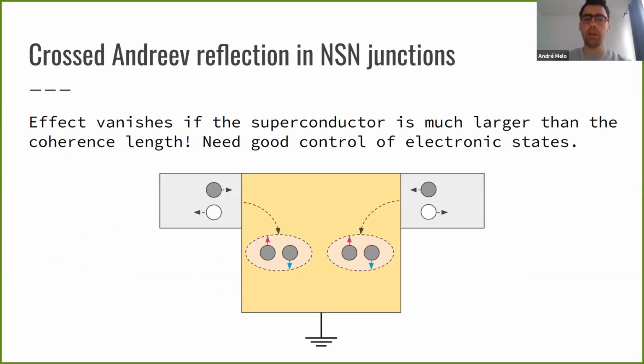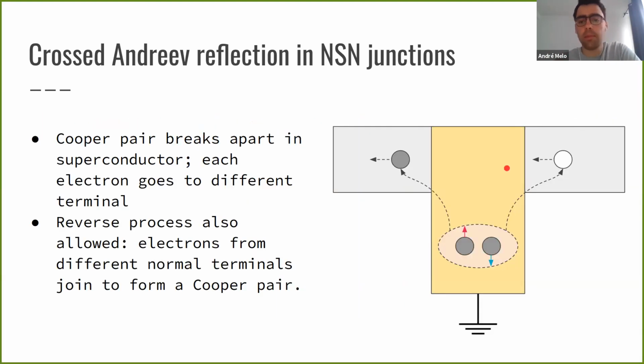Now, there is a thing about this process, which is that it is a delicate process in a sense. That is because, as I described it here, there has to be coupling between this metallic contact and this one. So somehow these contacts have to couple across the superconductor. But the problem is that the electron wave functions decay exponentially into the superconductor with a decay length that is called the coherence length.